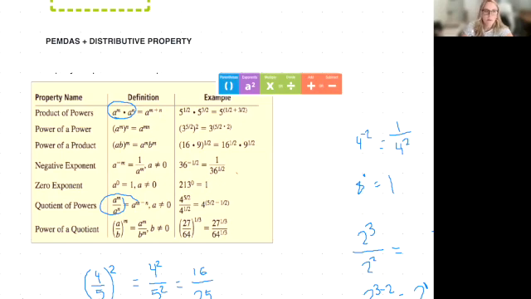So I'll kind of put these lines here for you to see. This is kind of where your table starts to repeat. So this is when you're dealing with multiplication things, and this is when you're dealing with division things, but they follow a similar pattern in the rules.